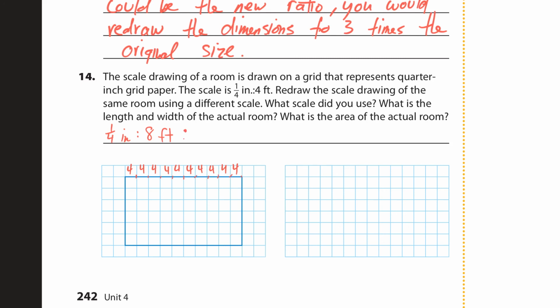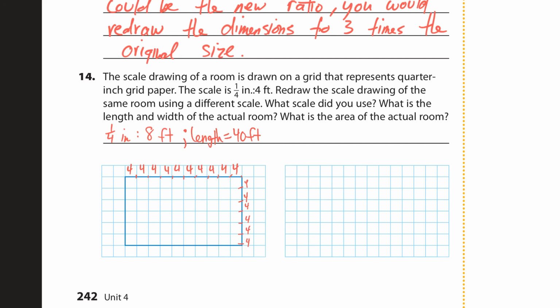So what are the actual length and width? Length equals 40 feet. And then this is 1, 2, 3, 4, 5, 6, and each of those counts as 4 feet.